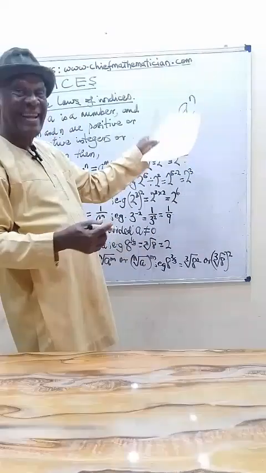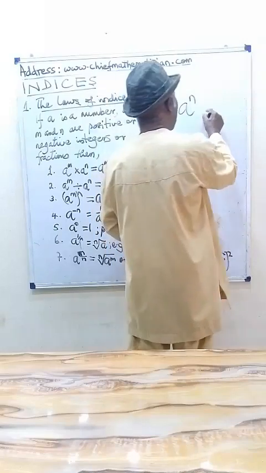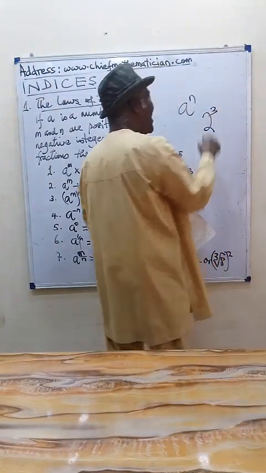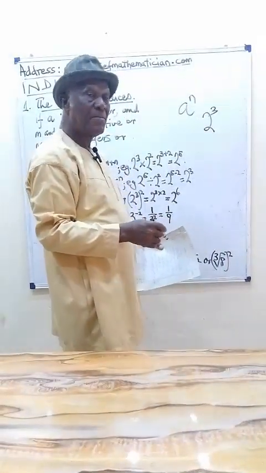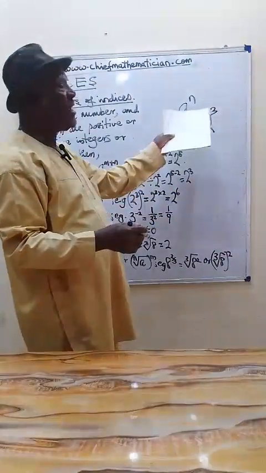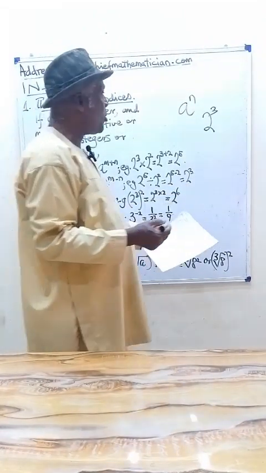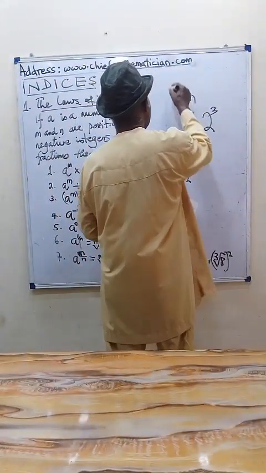Now n is the index. If you have a number like 2 raised to the power 3, 3 is the index. 2 is the base, the number that you raise to the power 3. 3 is the index. And like I told you, the plural of index is indices.